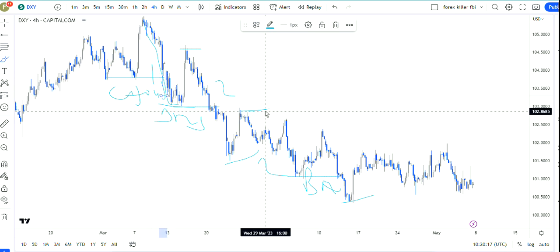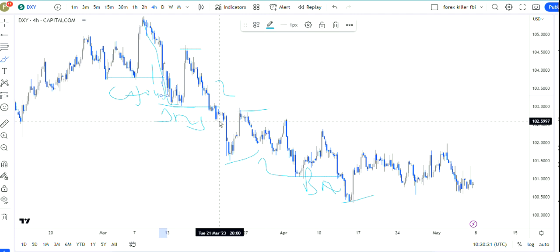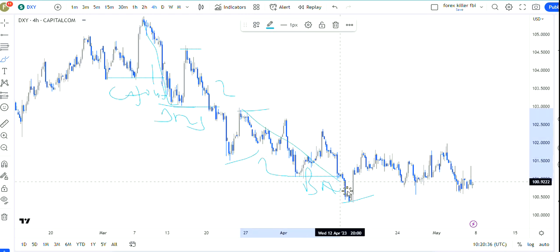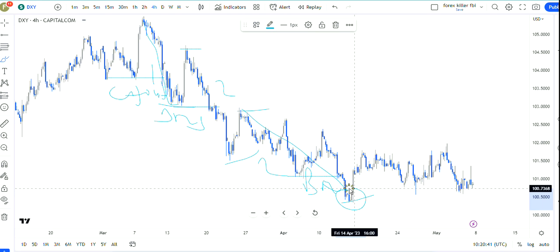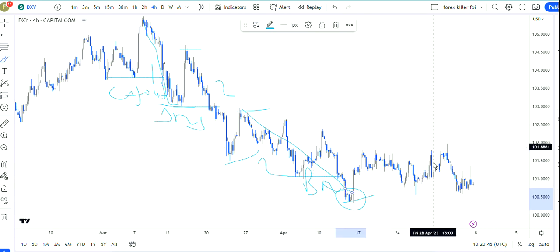As we can see, we have to recognize the required liquidity so as to identify the next move for DXY. After this level, with level 3, we have a certain liquidity here.